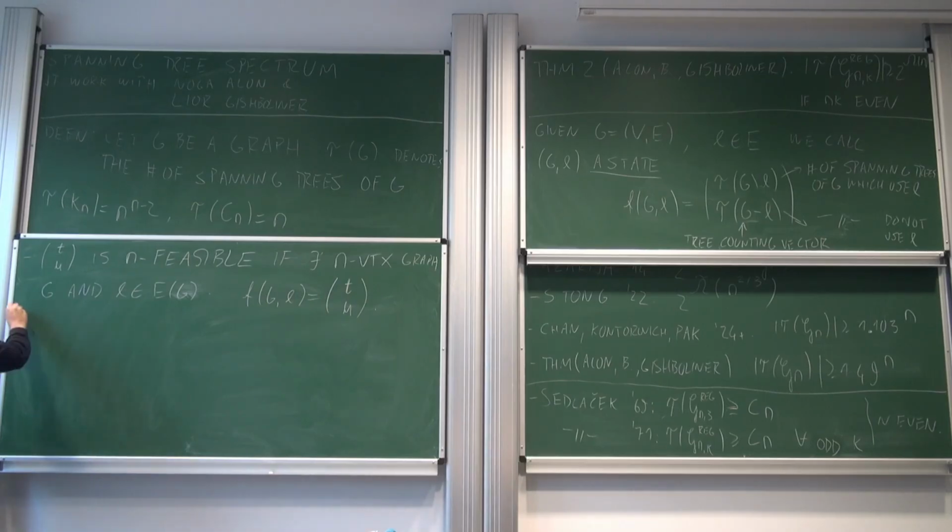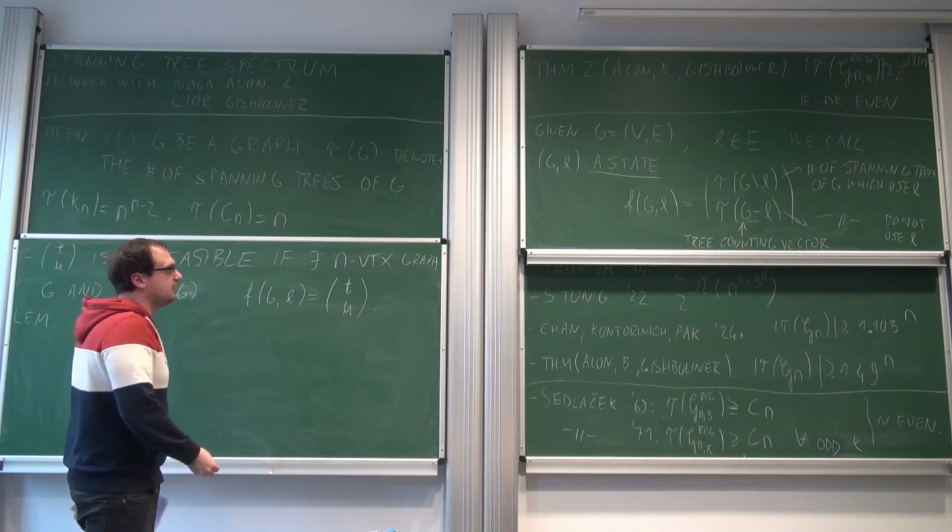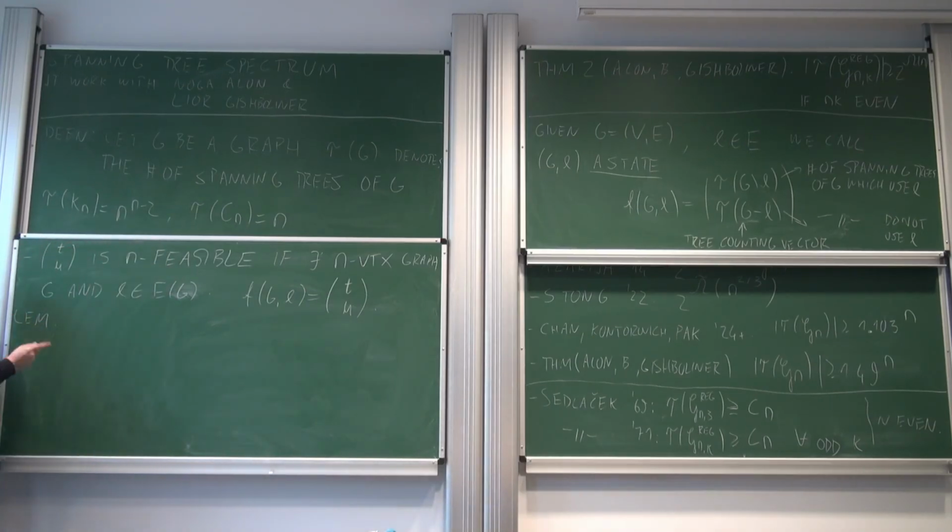Okay, so now here's a lemma, which is cute, simple, and it really tells you what I tried to summarize a second ago: it's enough to show that you get many n-feasible vectors, instead of showing that you get many spanning tree counts.